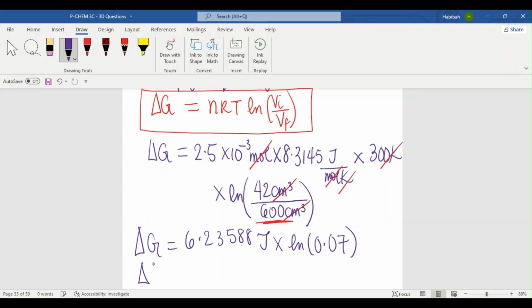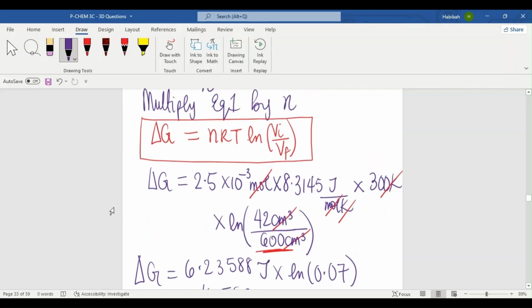So the change in G is 6.2358 joules times ln 0.07, which will end up giving us negative 16.5828 joules. So this is basically the answer to our question.